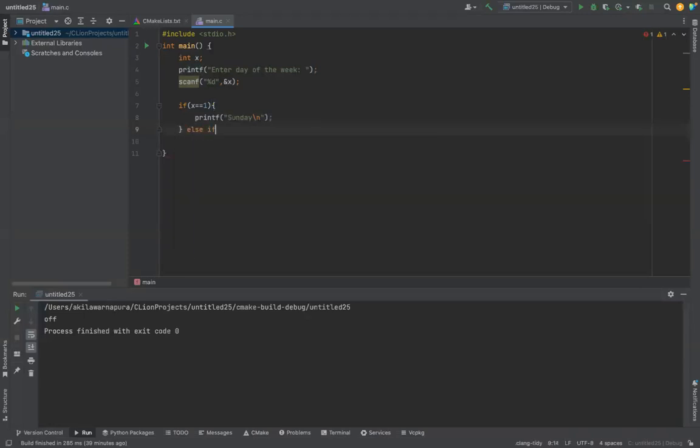Then else if x equal 2, then printf, it is Monday.